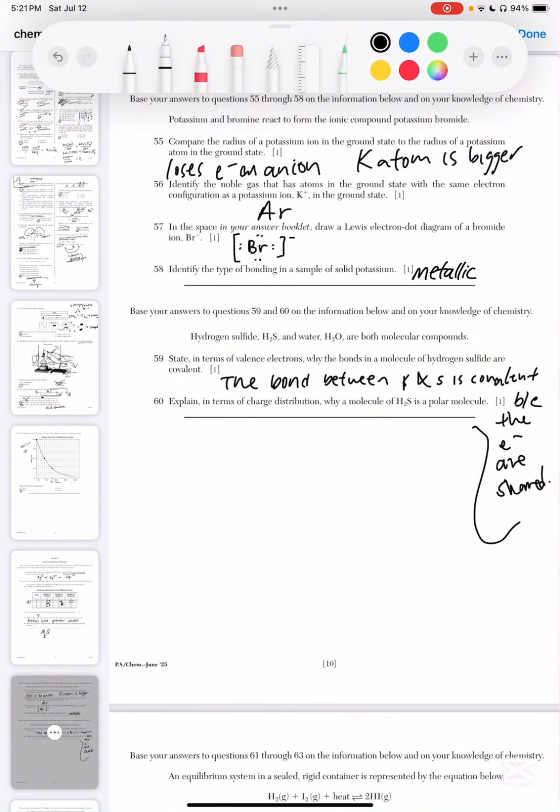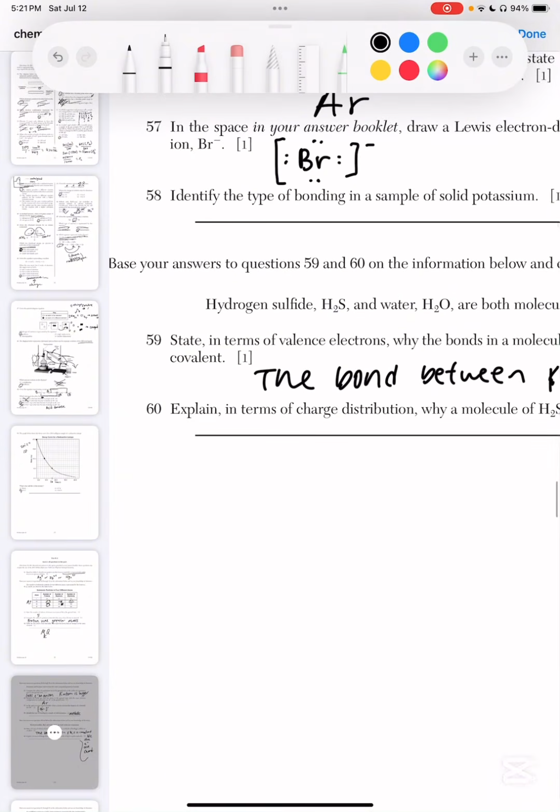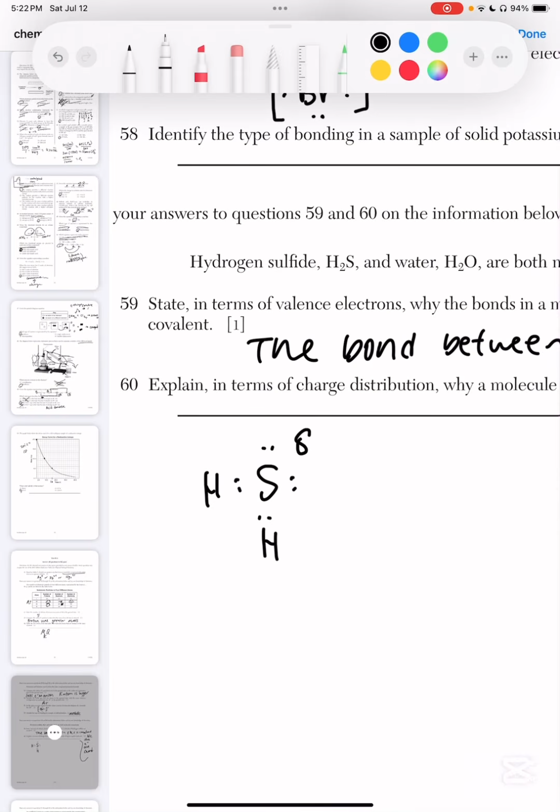And explain in terms of charge distribution why the molecule of H2S is polar. This is your H2S, right? If we look at the electronegativities, H is 2.2 while S is 2.6. So the sulfur in this case will be partially negative while the hydrogens are partially positive.